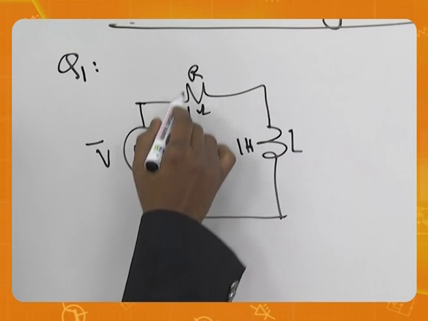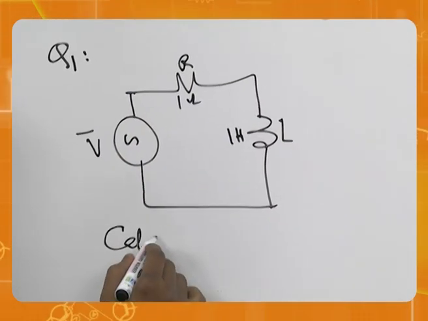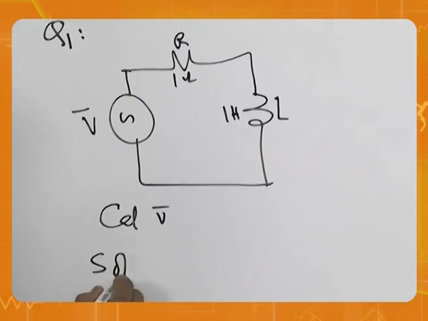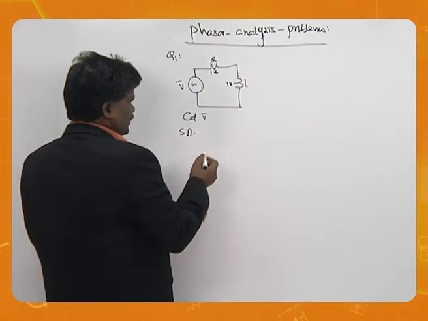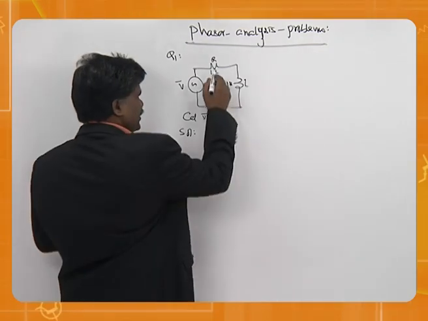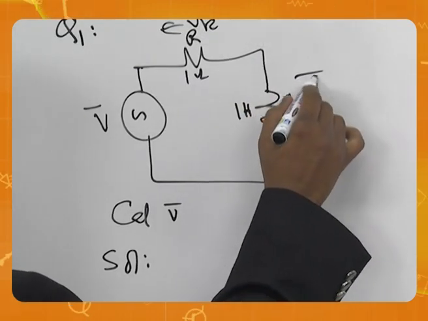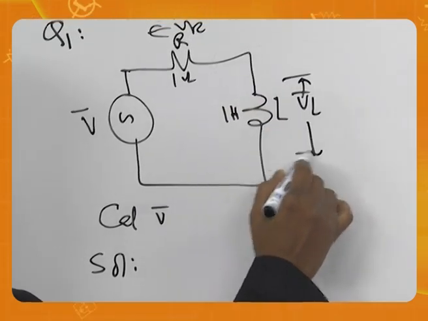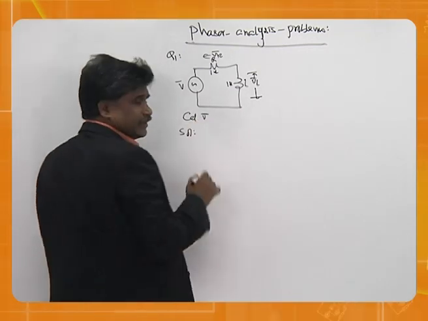Normally we say V. So calculate V. What is the solution? Actually, this we call VR. This we call VL. Please understand, when I put a line like that, it is a phasor.